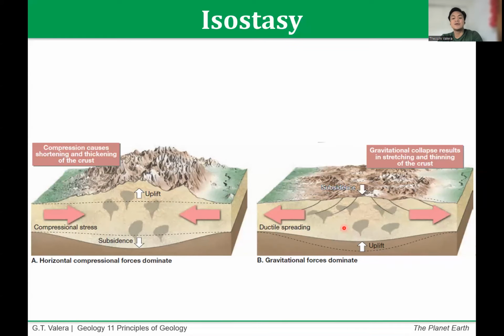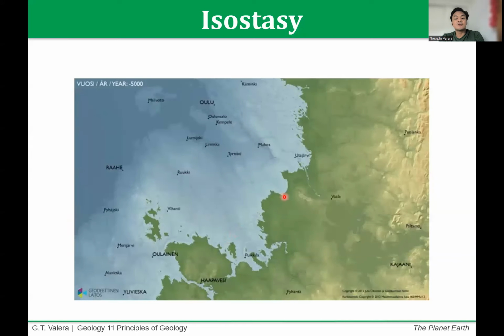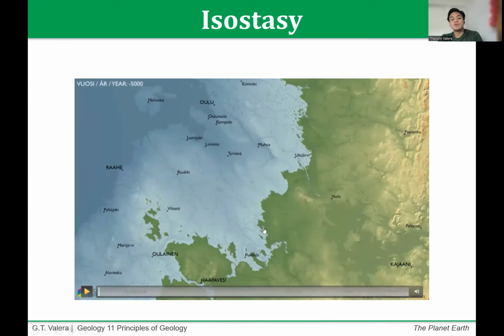It's a long process. For example, we can see that here. So this is a region in Norway. I think we should play. Yeah. So the story is like this. This area originally was covered by ice sheet.